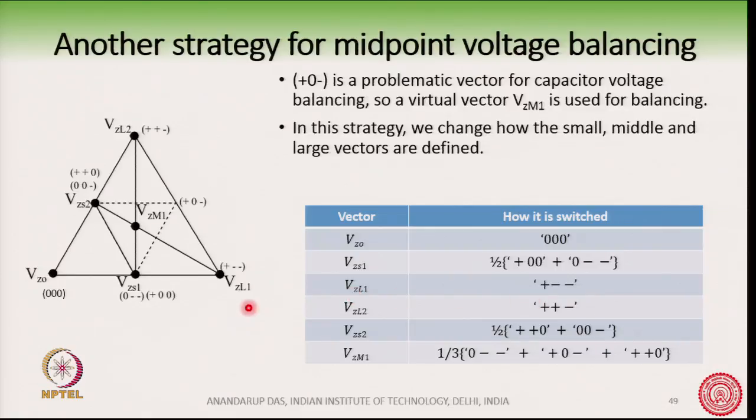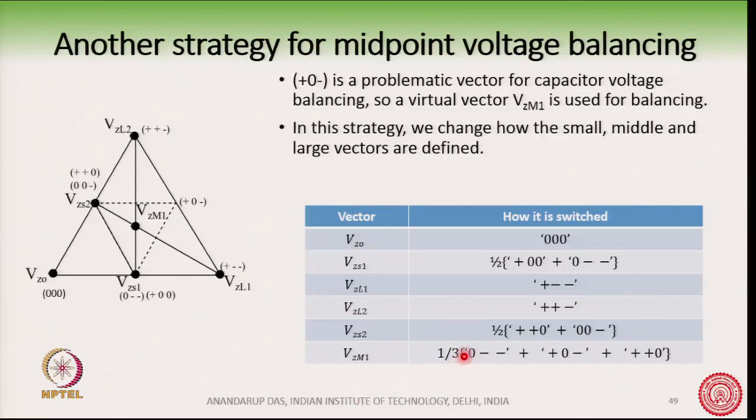V z l 1, this vector is formed by switching plus minus minus. V z l 2 is formed by switching plus plus minus. Okay. V z s 2 is formed by switching half of plus plus 0, this one, and 0 0 minus, this one. Now, the important part, V z m 1, this vector, how are we generating this vector?